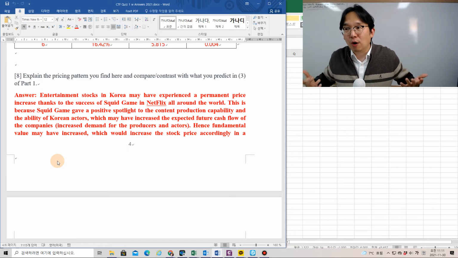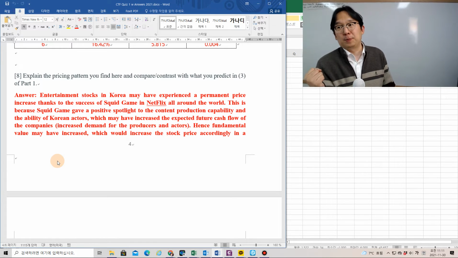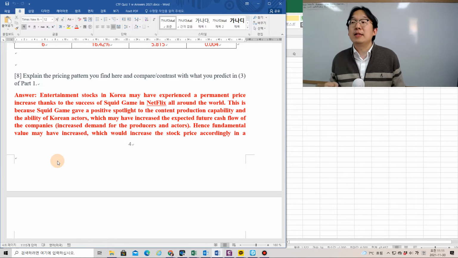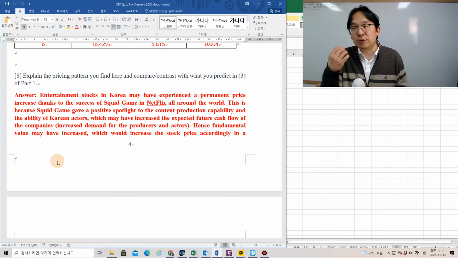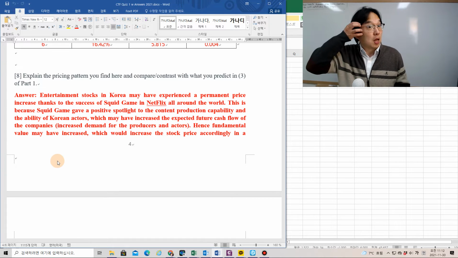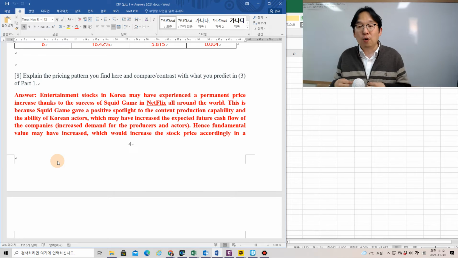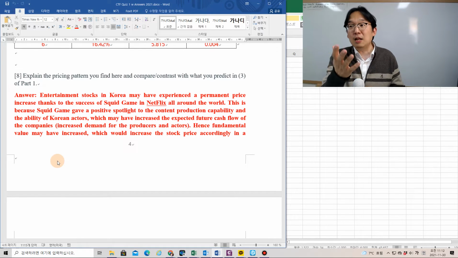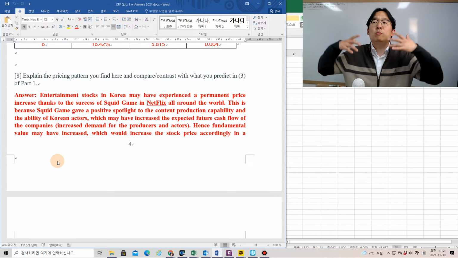For these Korean companies, they get known more by international foreign investors, and not just the foreign investors, but the foreign producers of these contents, the movie producers or whatever art productions. With this broadcasting, they become more aware of Korean talents over there. So Lee Jung-jae gets known more to the outside world.